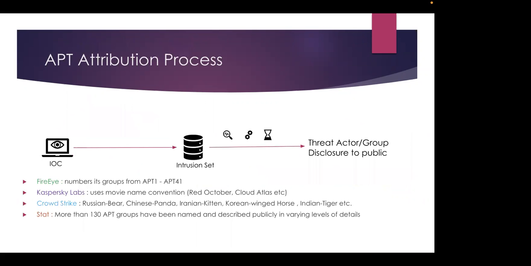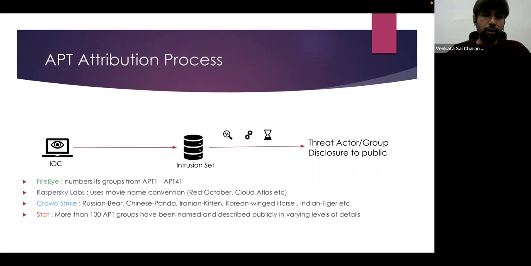And coming to the APT attribution process, so what is APT attribution? If some APT attack happens, how are we able to tell that this attack originated from this country, and what is the reason behind this particular attack? So the APT attribution process gives answers to these kinds of questions.